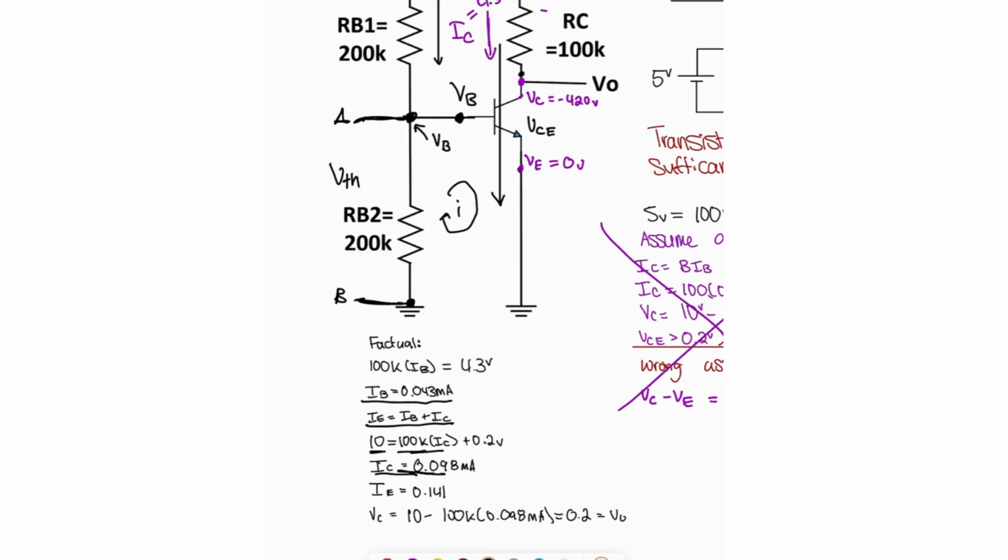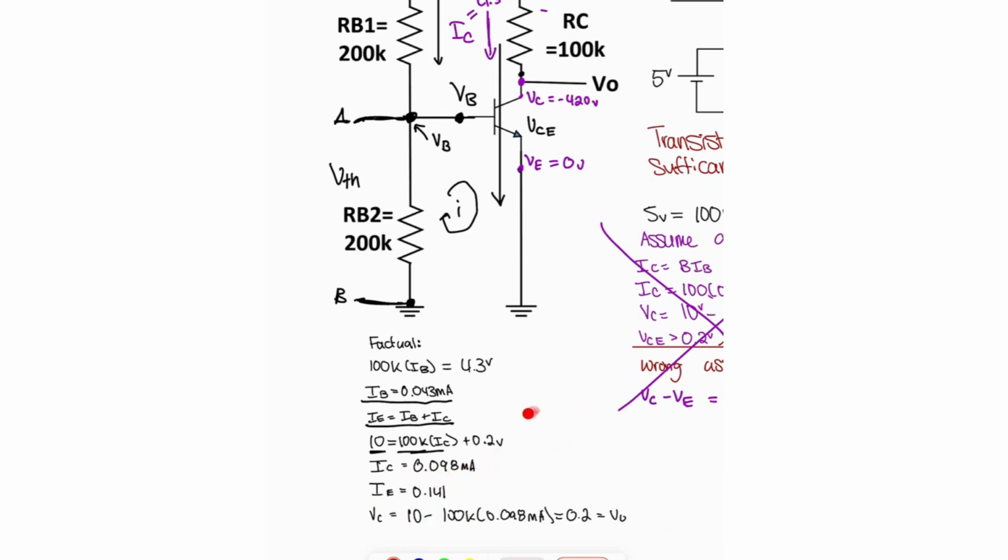So 10 volts is equal to 100K times IC plus 0.2, and that would give us the current, because this is 0 here, so it's this whole flow here, which is IC would be 0.098 milliamps, and then IE would be 0.141 because VCE is equal to 0.2, so that would be the difference there.